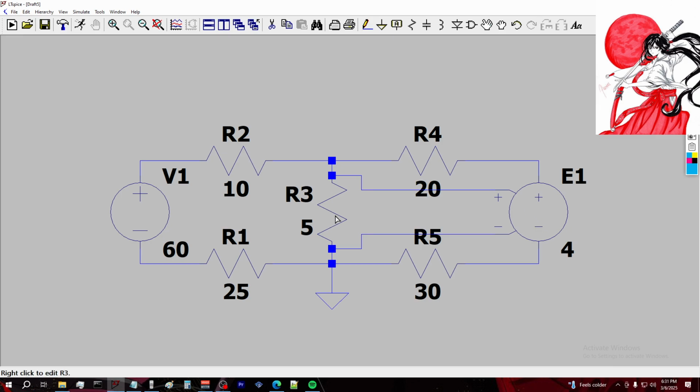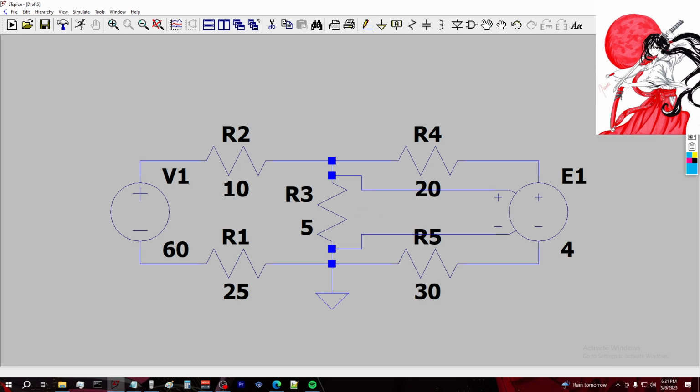So whatever the voltage difference is on this resistor is going to be multiplied by 4 to make the voltage for this voltage source. And when we say multiply by 4, we basically just mean it has a gain of 4.